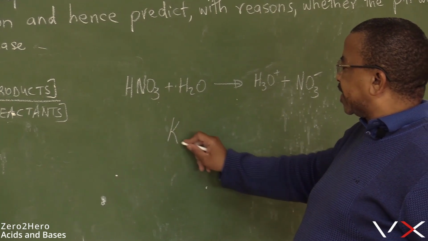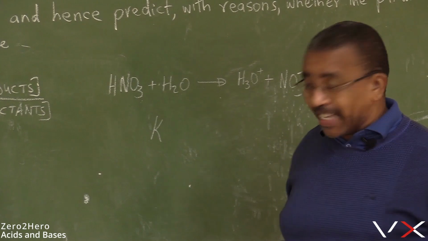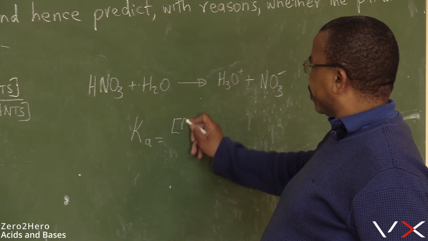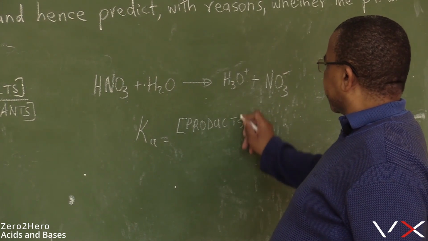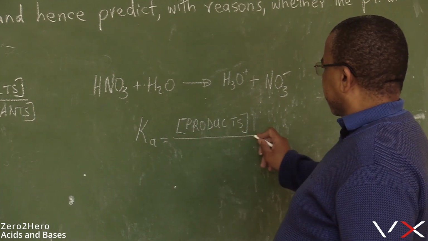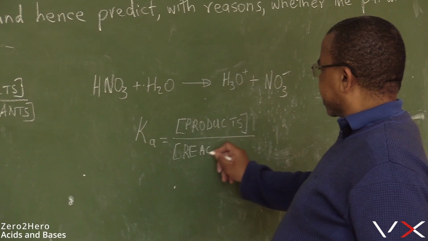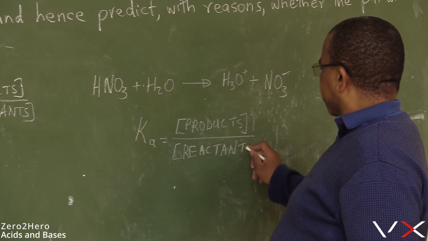We know that Kc in this case is Ka because it's the constant of an acid. Ka is the concentration of products as against the concentration of reactants.